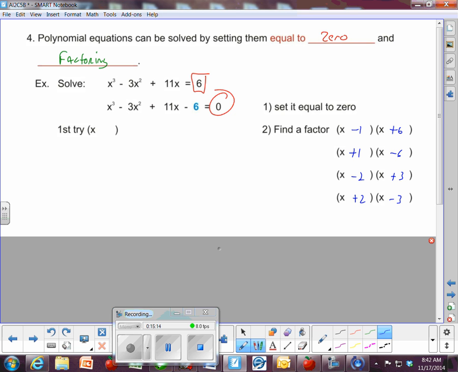All right, Noah, give me a binomial. The x minus 2. All right, so Noah wants to try the x minus 2. That means we're going to use x equals 2. Again, if it's an x minus 2 binomial, we're going to use x equals 2.